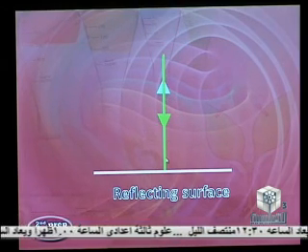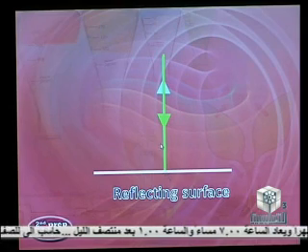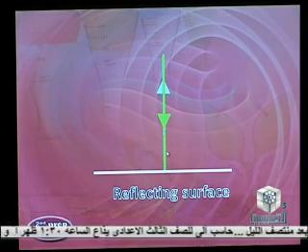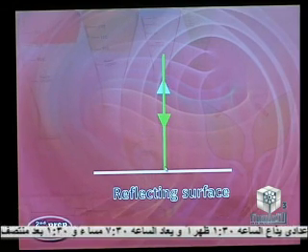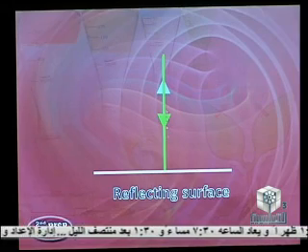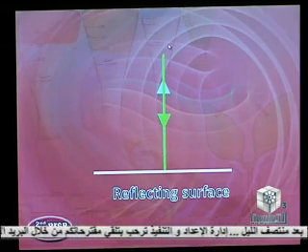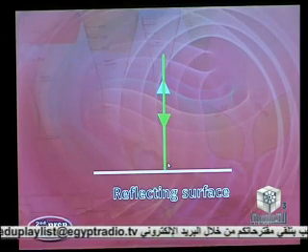If the incident ray is perpendicular to the reflecting surface, the angle of incidence equals the angle of reflection and equals 0, since the angle of incidence is the angle between the incident ray and the normal, and there is no angle between the incident ray and the normal when the incident ray is perpendicular. So the incident ray perpendicular on a reflecting surface suffers no deviation.